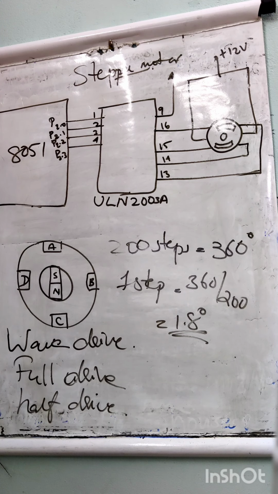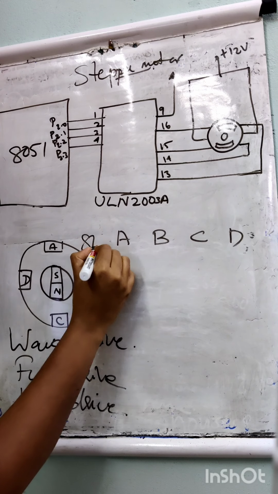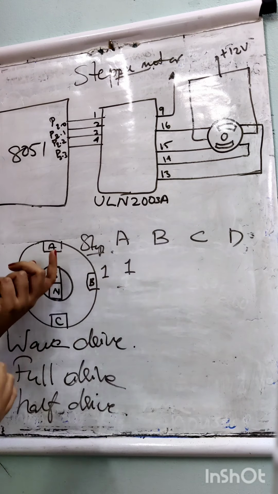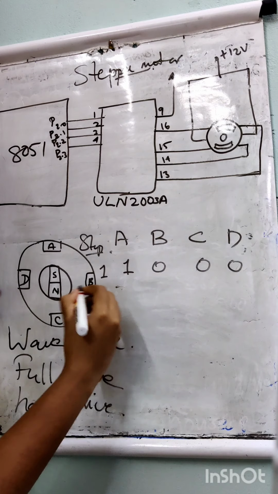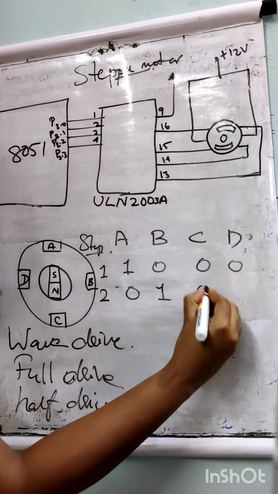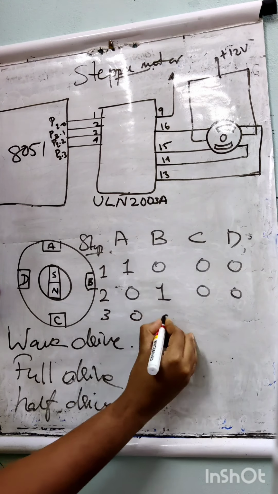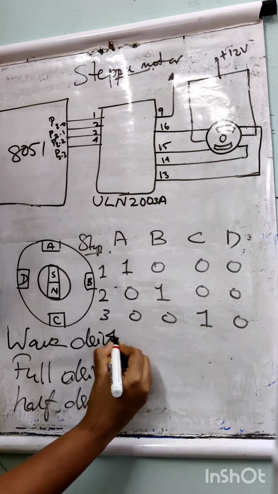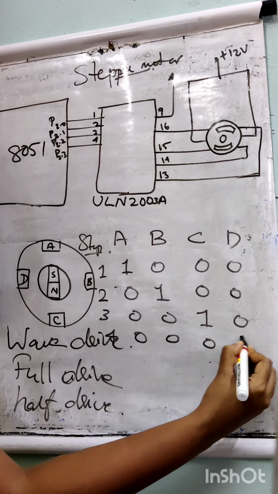In each step, see how it varies. These are A, B, C, D, the 4 stator coils, and the steps. In step 1, A is energized and the other 3 are 0. In step 2, the next coil is energized, and in step 3 another one is energized and all others are zeros, and in the 4th step it is 0, 0, 0, 1.